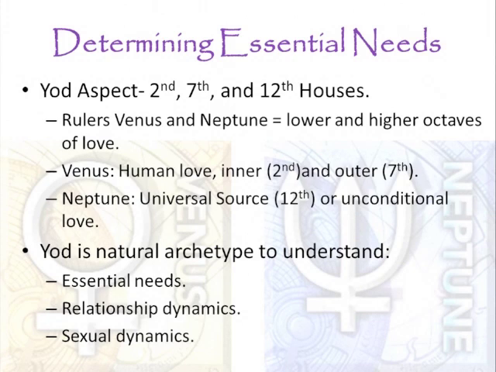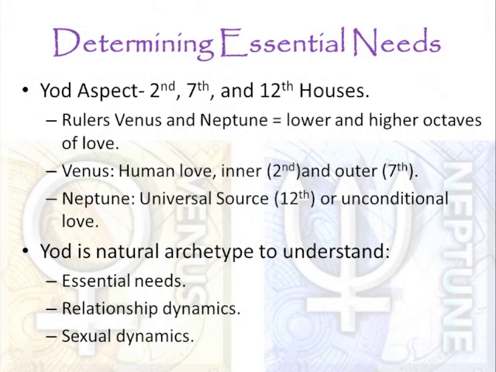Venus is going to represent human love, both from an inner basis, second house cusp, which is self-love, and an outer basis, seventh house cusp, which is sharing love outside of ourselves with another. Neptune on the 12th house cusp is going to represent universal source or unconditional love.